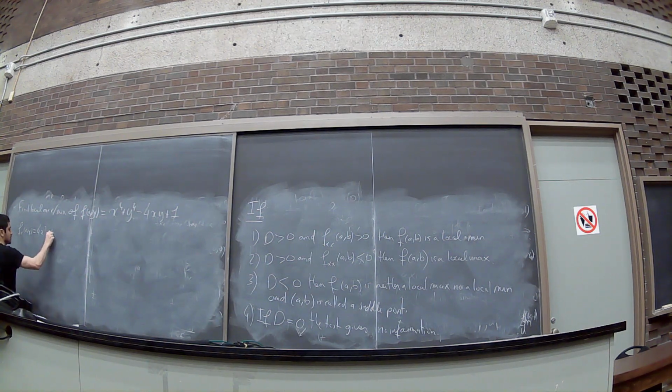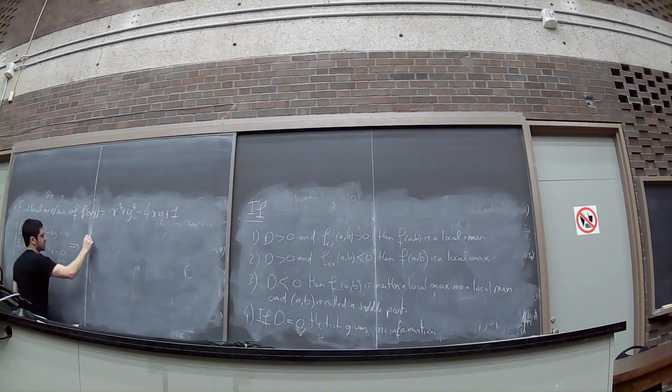And fy is 4y cubed minus 4x, is that right? Very good. Now you need to solve these two equal to 0. You get 4x cubed equal to 4y. Divide by 4, you get x cubed is equal to y. So far so good?